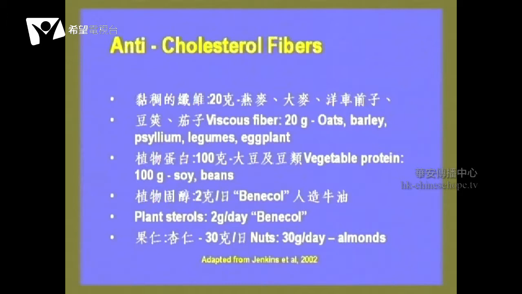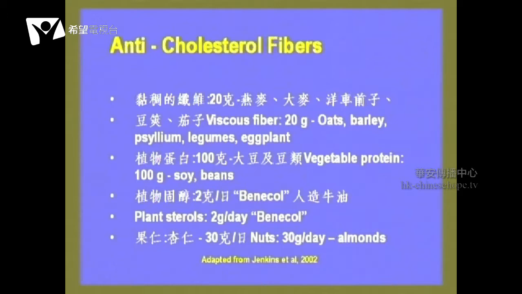But it's not just this type of fat. Even avocado also contains plant sterols.